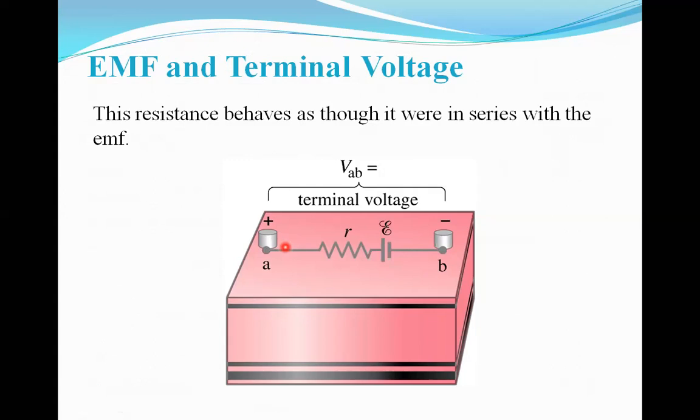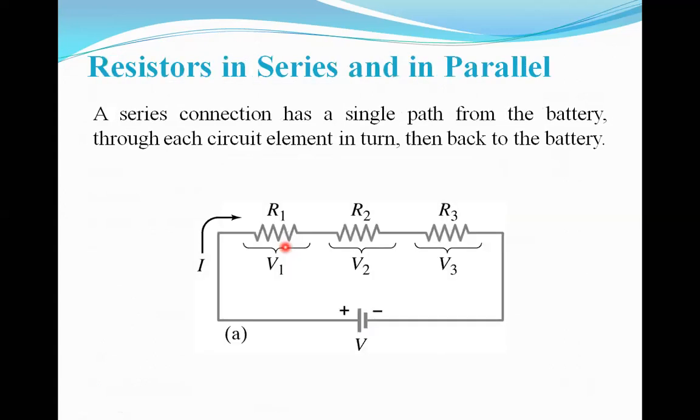So what will happen to resistances if they are connected in series or parallel? A series connection has a single path from the battery, through each circuit element in turn, then back to the battery.